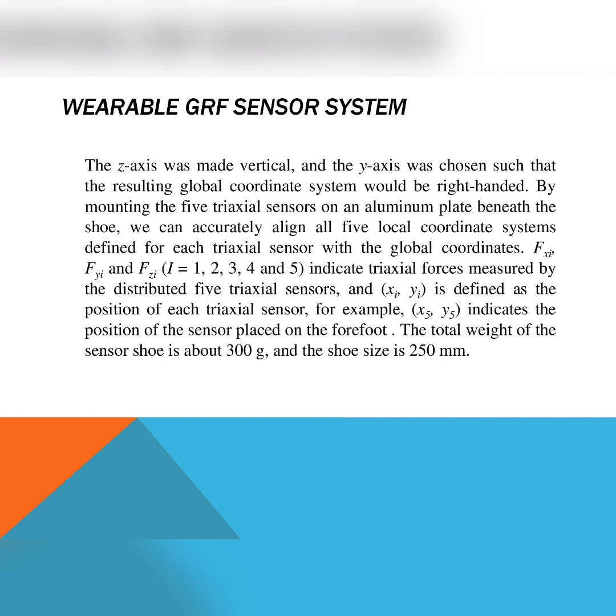For example, x5, y5 indicates the position of the sensor placed on the forefoot. The total weight of the sensor shoe is about 300 grams and the shoe size is 250 millimeter.